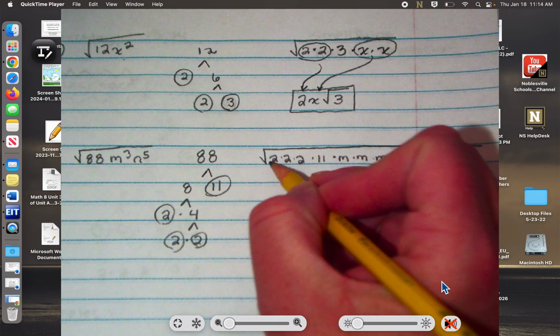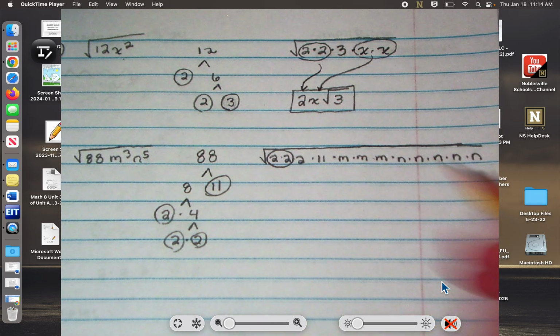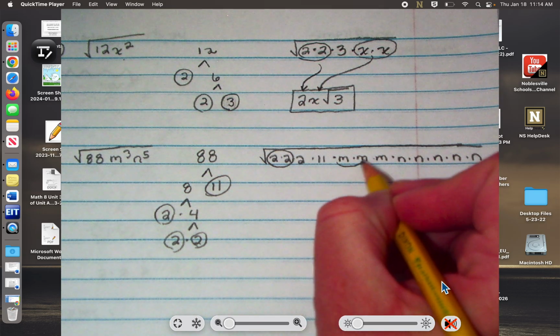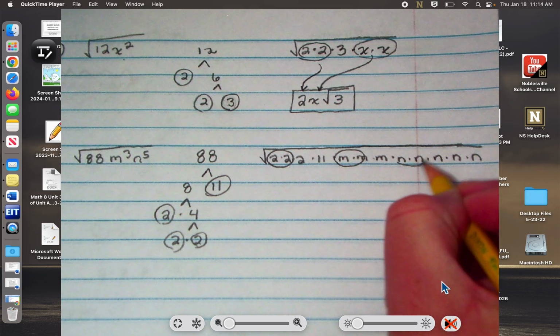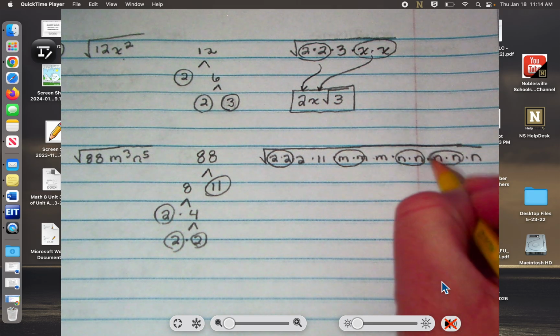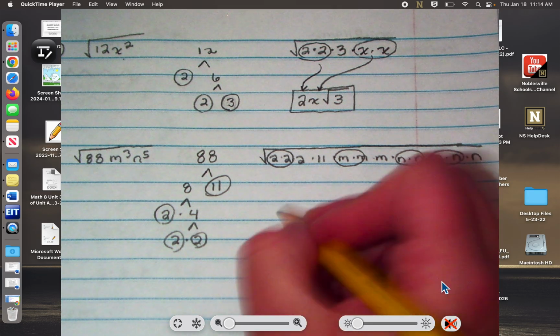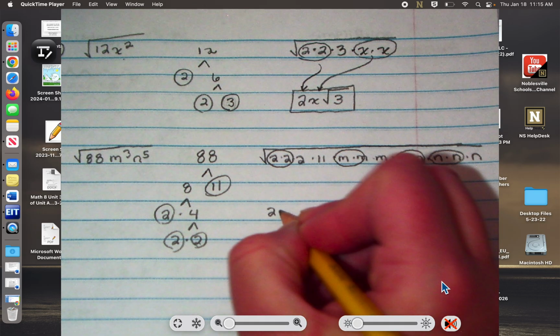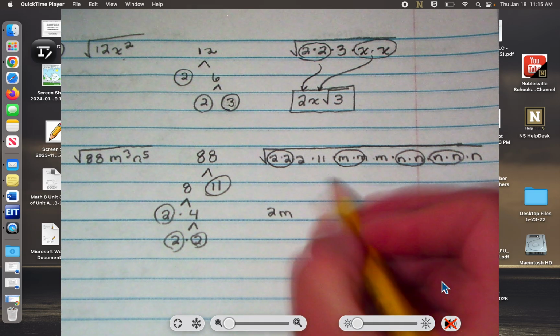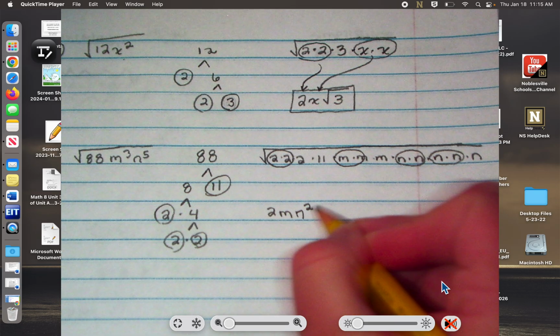Okay, so we have a pair of 2's that will come out. We have a pair of m's. And we have 2 pairs of n's. So what that's going to look like is 2, we have 1 pair of m's, and we have 2 pairs of n's.